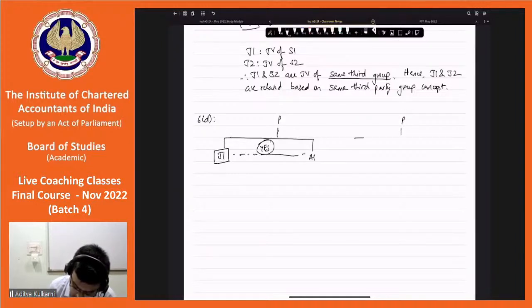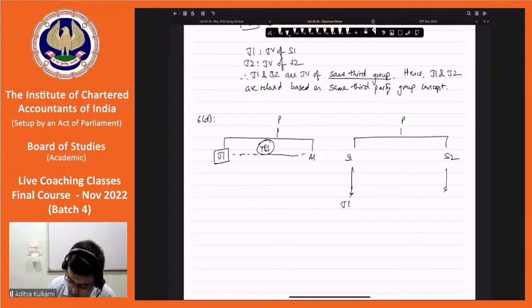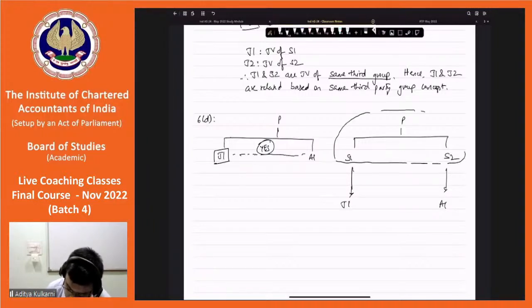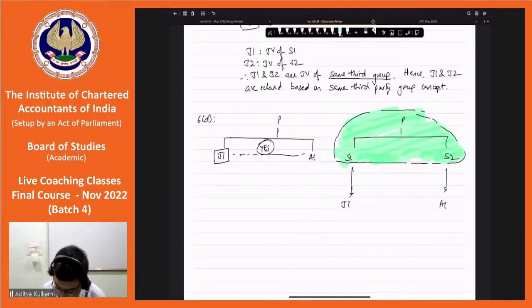P, S1, S2, J1, A1. So this whole thing is viewed as one single entity.